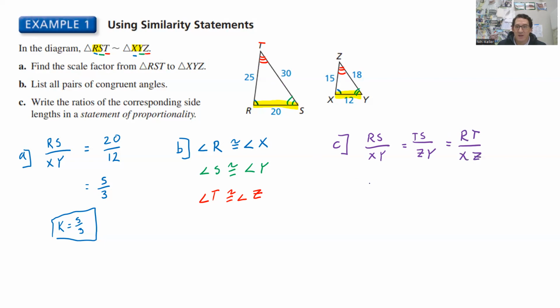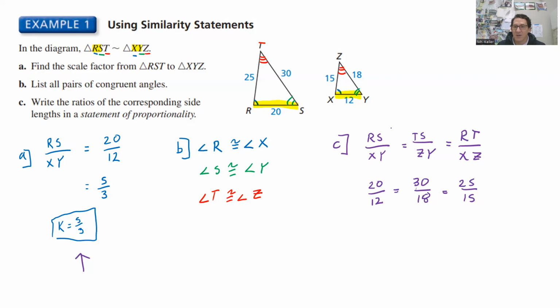And then we can do it with the numbers. So that's 20 over 12. TS is 30 over 18. And RT is 25 over 15. And if we were to reduce all those, they would be equal to 5/3.